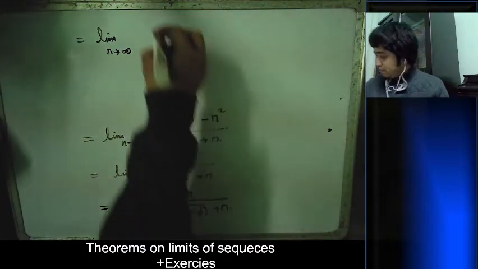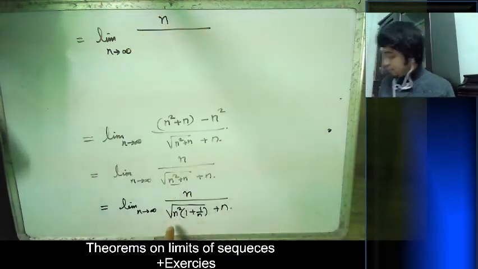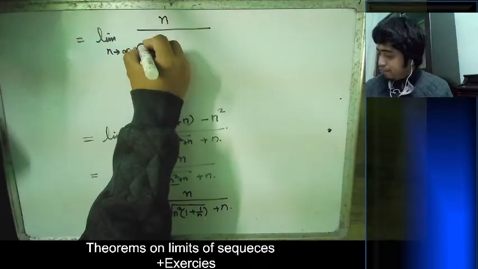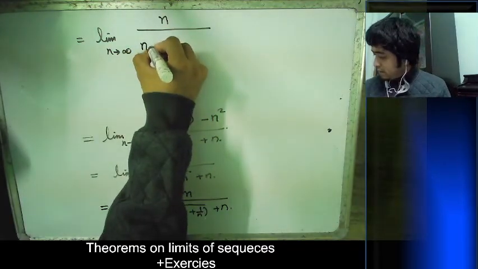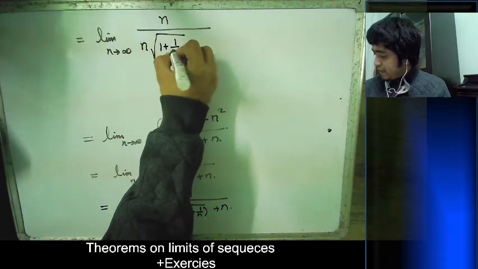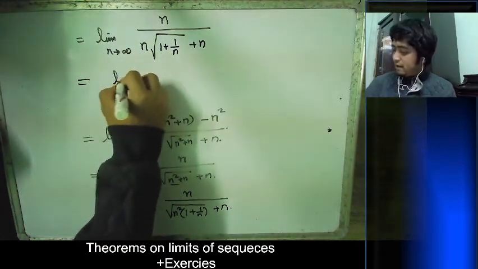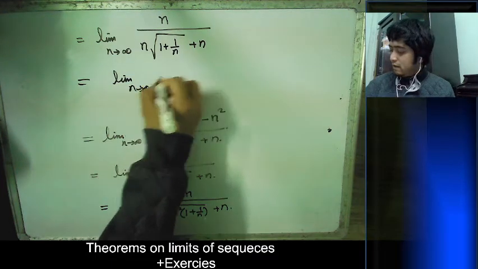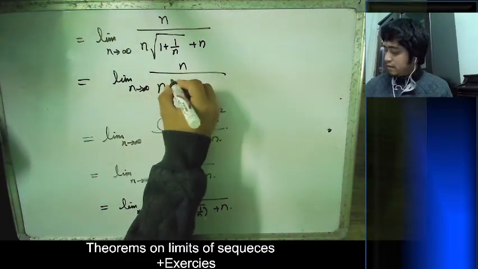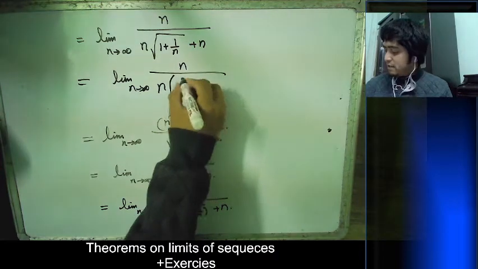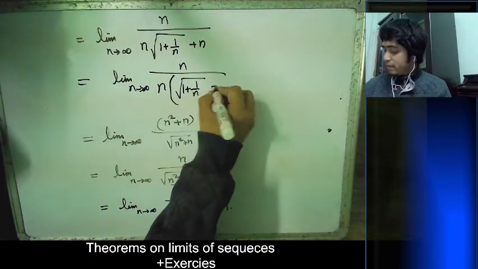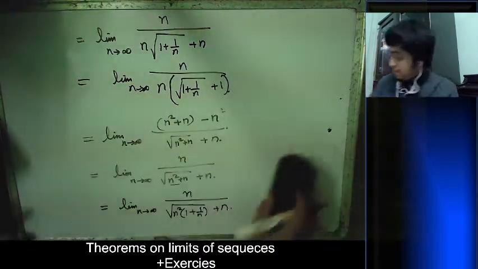Root n square will give you n. So you'll be having root of 1 plus 1 by n, plus n. Again, we can take common n. I'm writing so many lines; you can skip a few lines if you are comfortable. You can always do that.